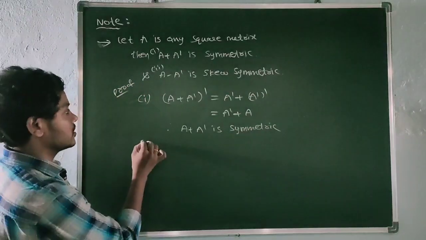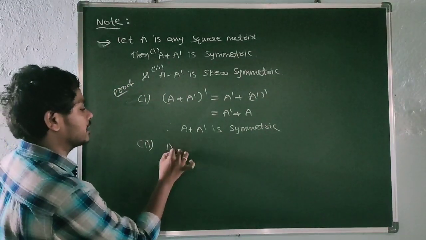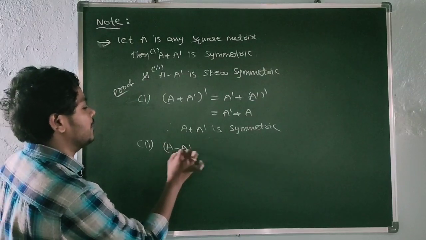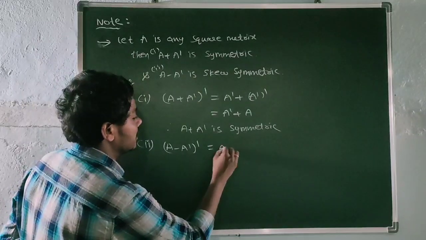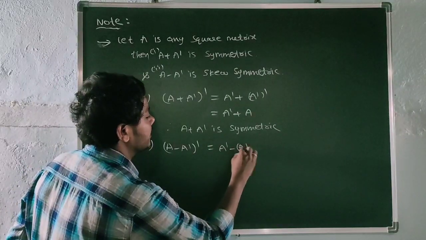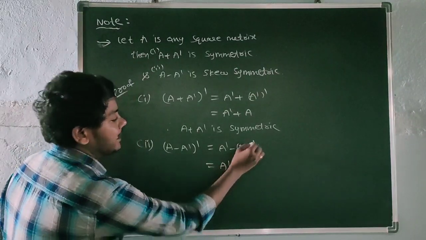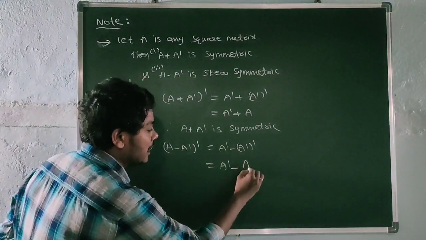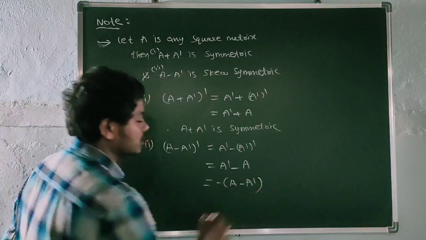Okay. Now see the second one. So take the transpose of A minus A transpose. So clearly this is A transpose minus A transpose whole transpose. So A transpose whole transpose is A. This is minus of A minus A transpose.